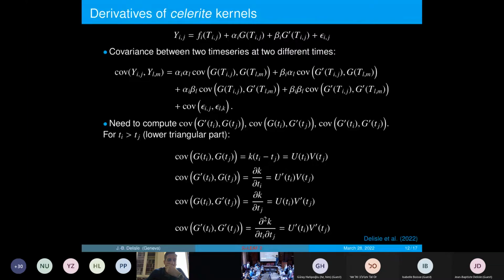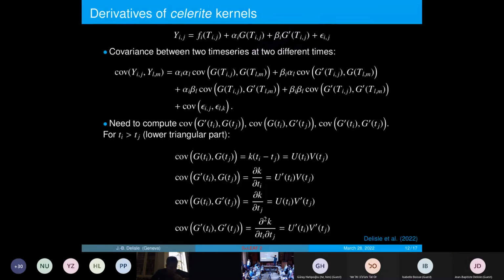And if we come back to the semi-separable representation of the GP, our kernel is separated in a U, V part, where U only depends on Ti and V only depends on Tj. So when we want to compute the covariance between the derivative and the Gaussian process, we simply need to derive the kernel with respect to Ti.